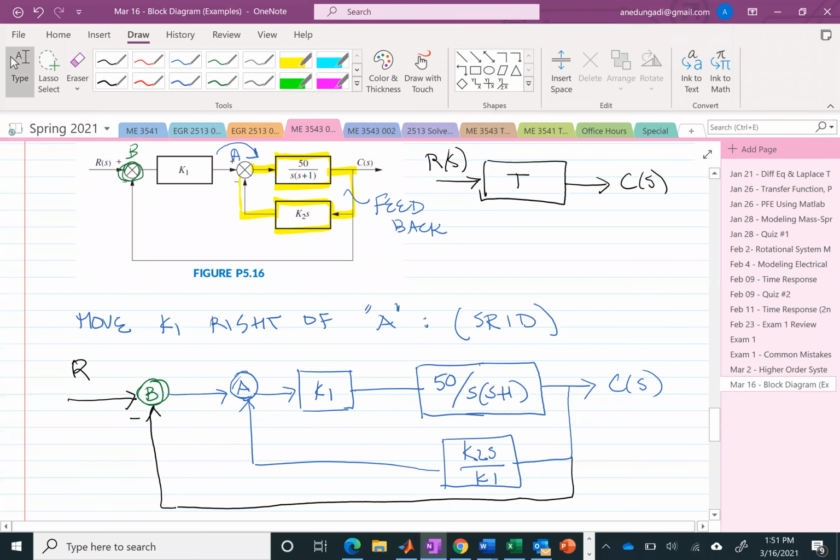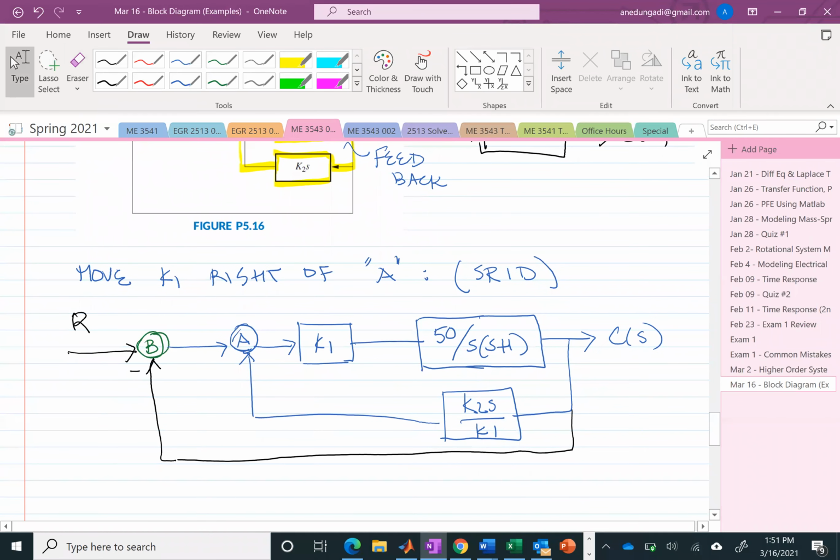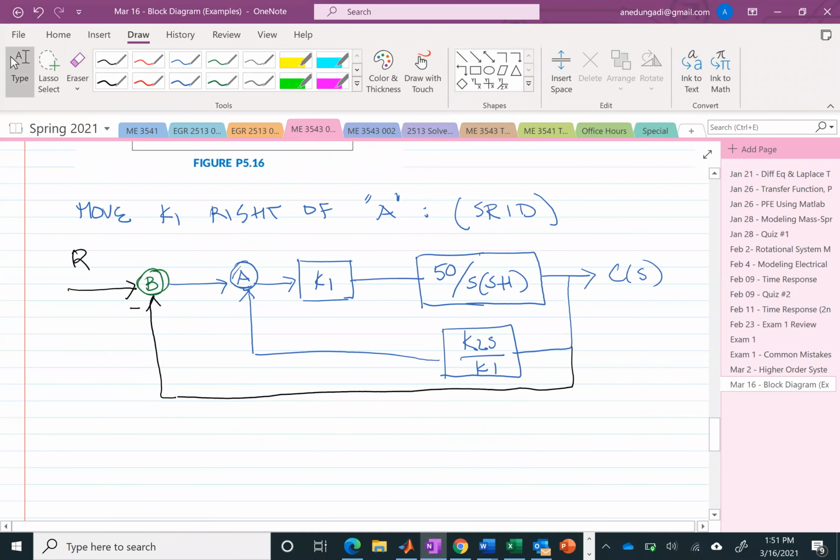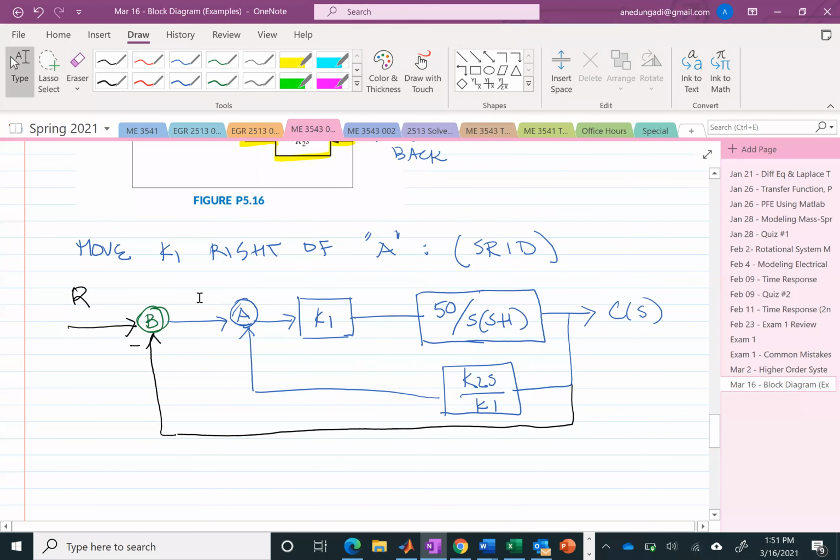So I divide by K1, and I still have the other feedback. Now, do you see anything that I can simplify?